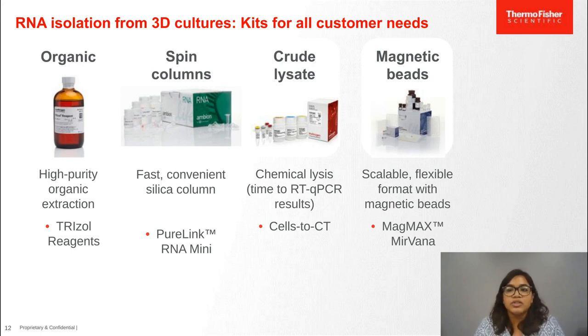Crude lysate, which is direct lysis into qPCR, only 7 minutes of lysis time. And then magnetic beads, which can be put on an instrument so that you do some hands-on processing early on, and then you put all the downstream wash steps and elution onto a machine, and that's MagBead based. TRIzol through mirVana, all of these kits are available on our website.